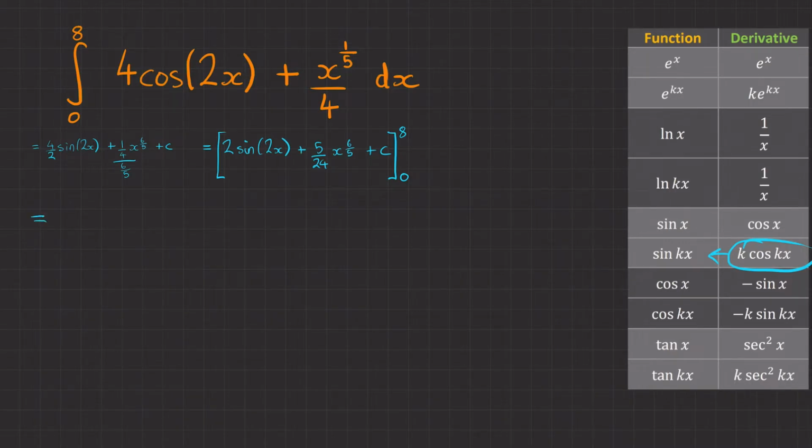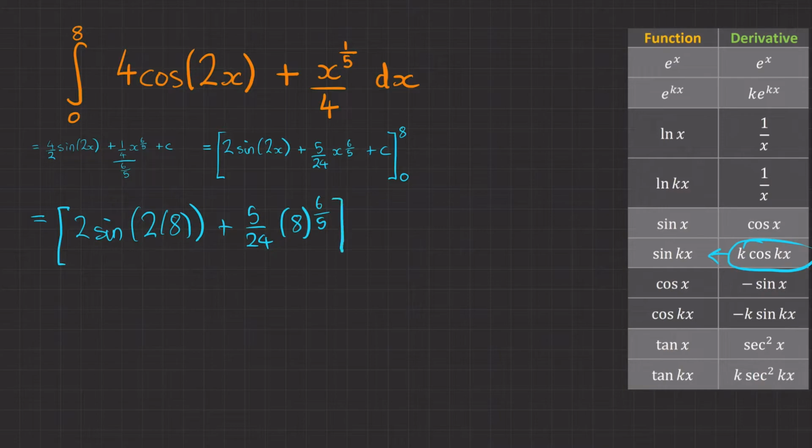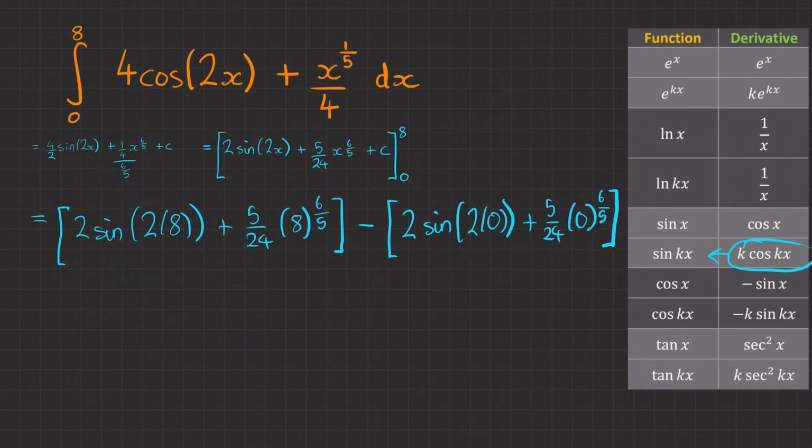So we've got 2 sine of 2 lots of 8 plus 5 over 24 lots of 8 to the 6 over 5 minus 2 lots of sine of 2 lots of 0 plus 5 over 24 lots of 0 to the 6 over 5. Now this is quite a bit of a calculation to work out.